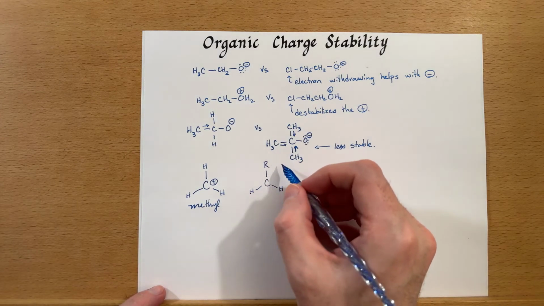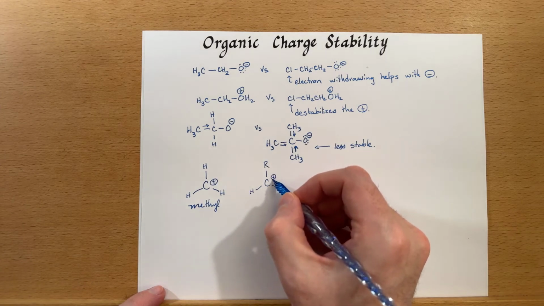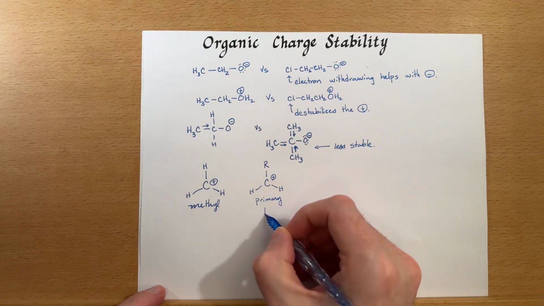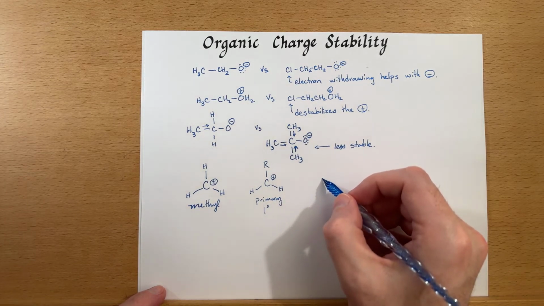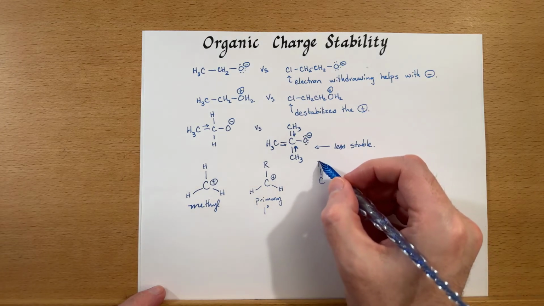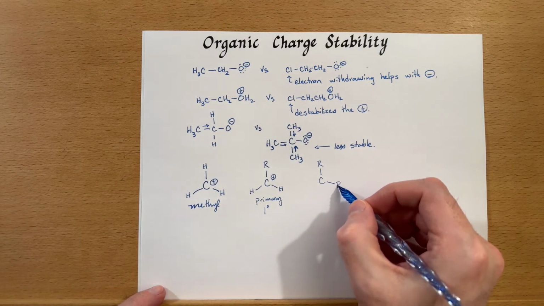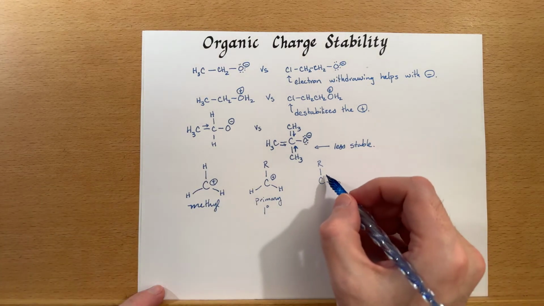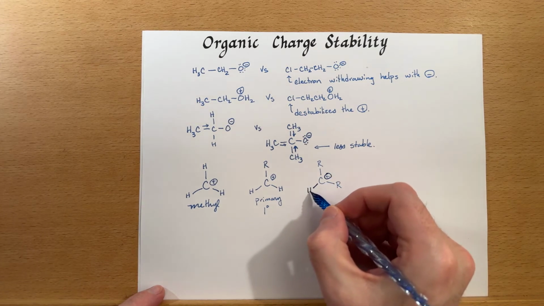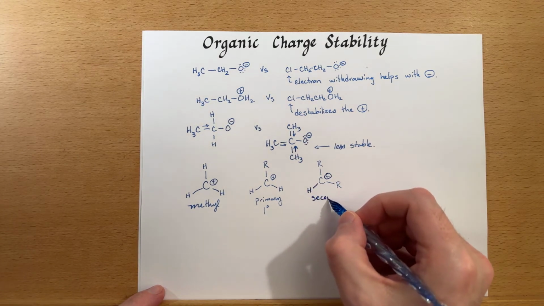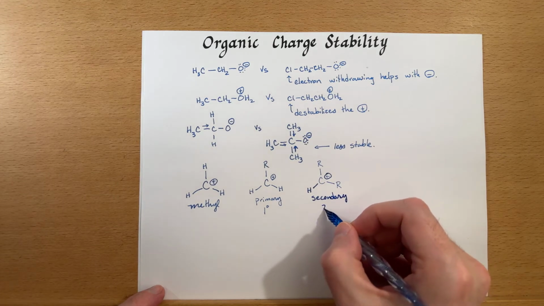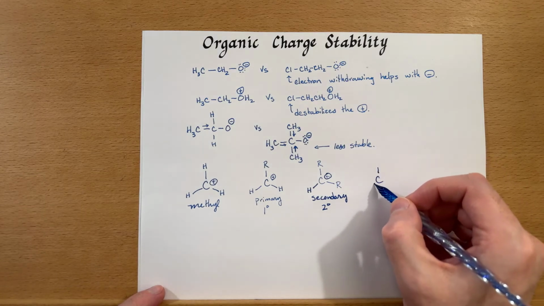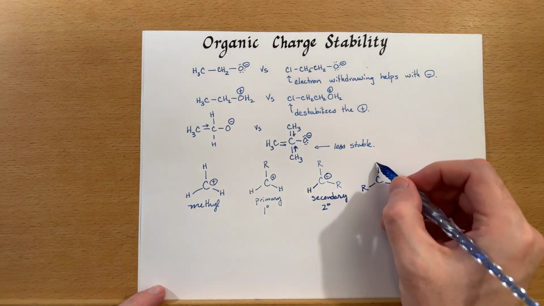But let's just stick with hydrocarbons here. This is a primary. We could have a secondary, which has 2 carbon groups on it. And then finally, we can have a tertiary carbocation. And that's as high as it would go.